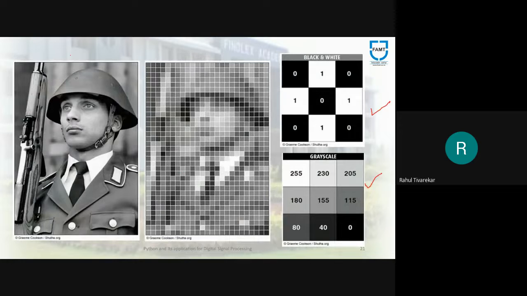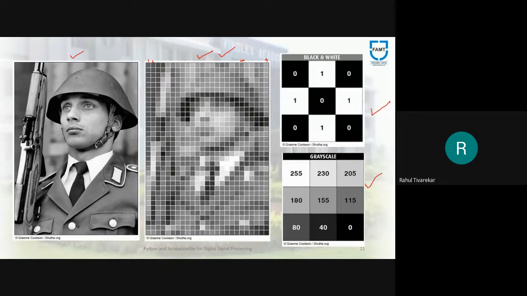And this is an example image which is shown with the help of pixels. As you can see, this image looks dull because here we have used, I can count, 1, 2, 3, 4, 5, 6, 7, 8, 9, 10, 11, 12, 13, 14, 15, 16, 17, 18, 19, 20, 21, 22, 23, 24, 25.